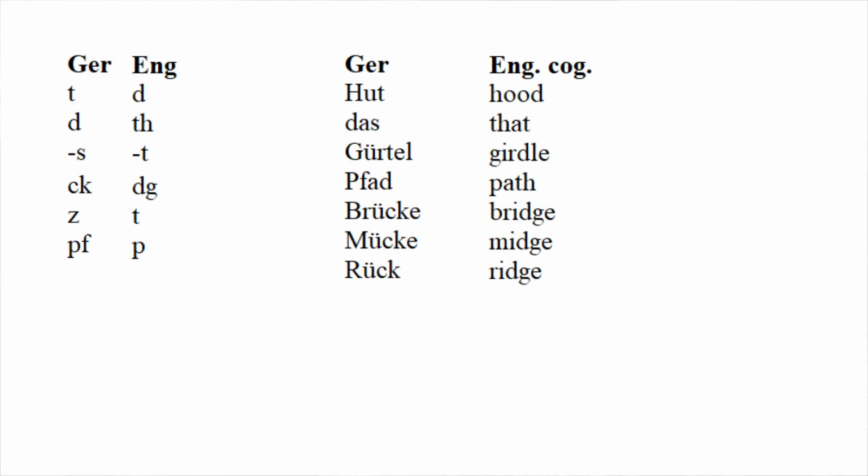But the actual meanings of the words are, in some cases, slightly different. So you end up here with hat, that, belt, path, bridge, midge and back. Back is in the back. In Old English it was something like rich, which makes sense. And obviously the rück is where we get the ruck in rucksack, because that's a loan word from German.